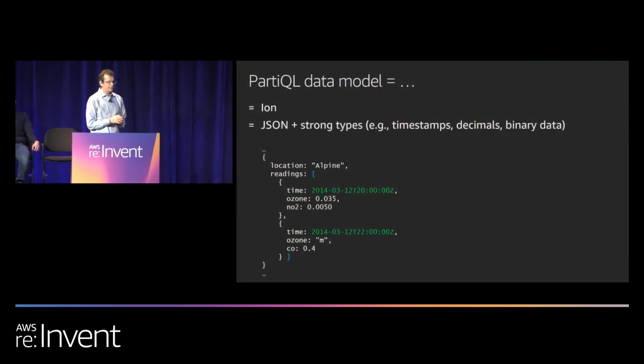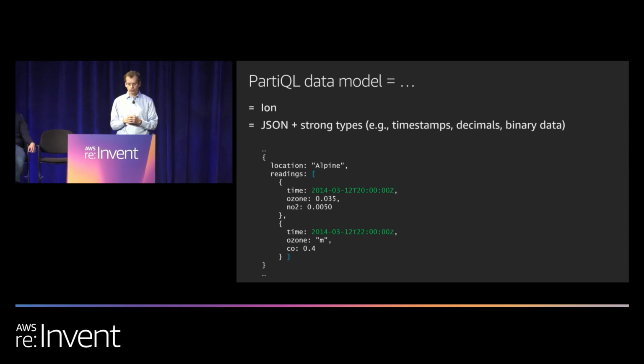So you may think of the Particle data model as being equal to Ion. In case you don't know Ion, you may think of it as JSON plus strong types. What you see on the board at this point is an instance of a Particle value.